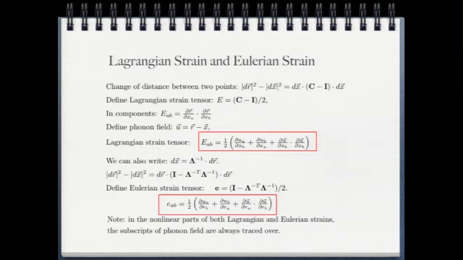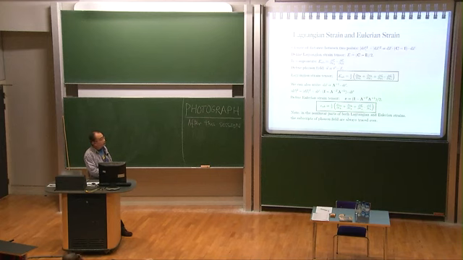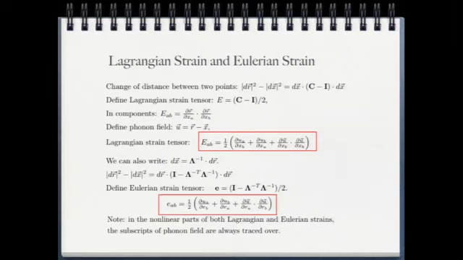We can define a phonon field u, which is the change of the position of the mass point. And we can express the Lagrangian strain tensor in terms of the partial derivatives of the phonon field. We see a linear part, ∂_A u_B plus ∂_B u_A, plus a nonlinear part.